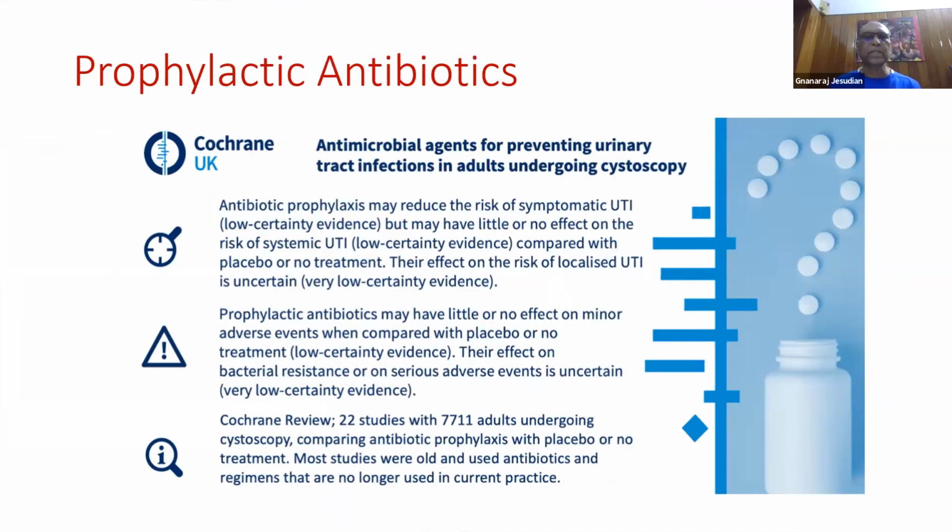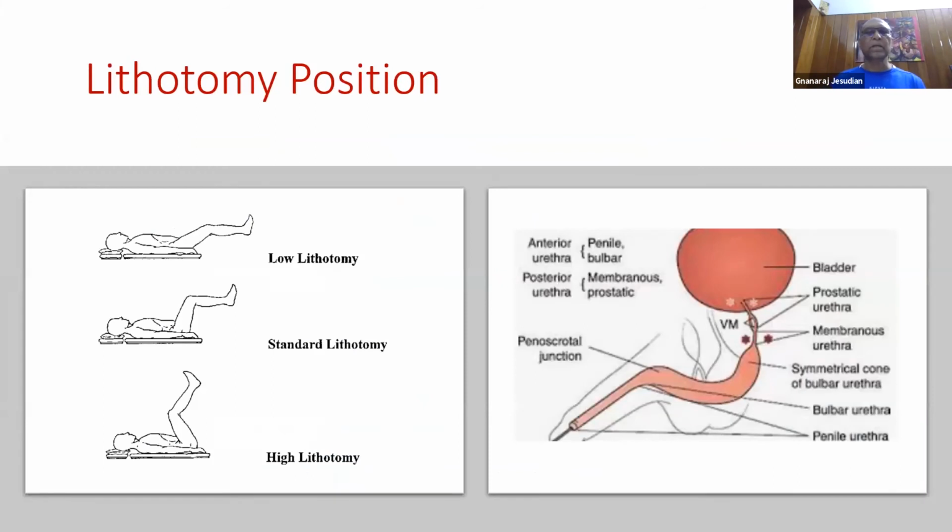So before the procedure, we give prophylactic antibiotics. This is generally given in the form of an injection, either with one medication or two medications, depending on the local preferences. And then the patient is placed in what we call a lithotomy position.